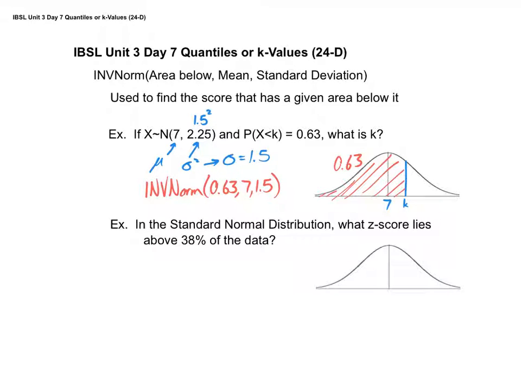Now, this function, the inverse norm, if you go back to your distributions on the calculator, remember hit second distribution, it's above vars.